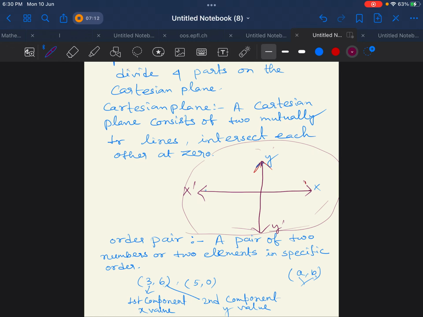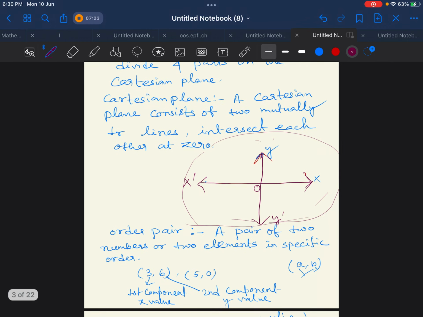Two mutually perpendicular lines, the vertical line is always perpendicular to the horizontal line. So Y O Y dash is always perpendicular to X O X dash. These two coordinate lines are perpendicular to each other and they intersect each other at O. So O is the point where these two perpendicular lines intersect each other.